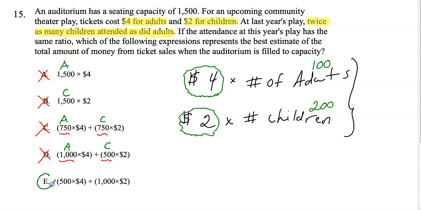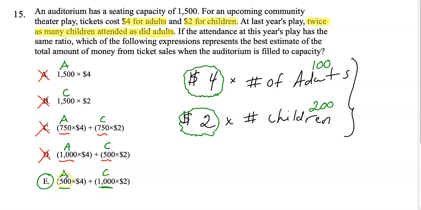I'll go over why it's correct. If I were taking the test, I would just move on. But this is telling us that 500 adults showed up, $4 a piece. This is telling us 1,000 children showed up for $2 a piece. It all works out here. The number of children is 1,000.